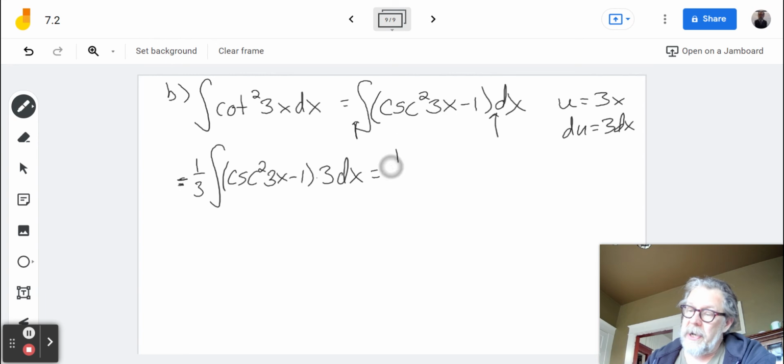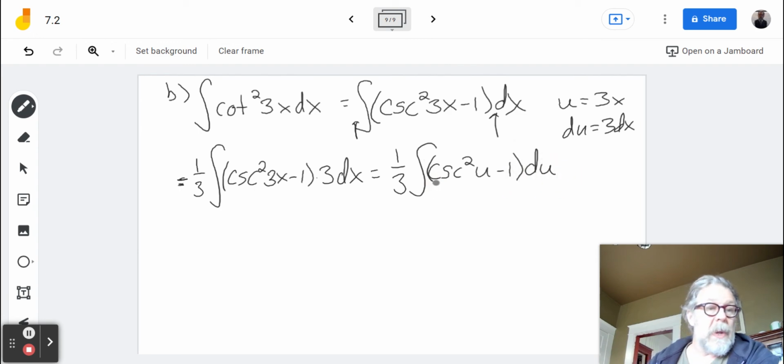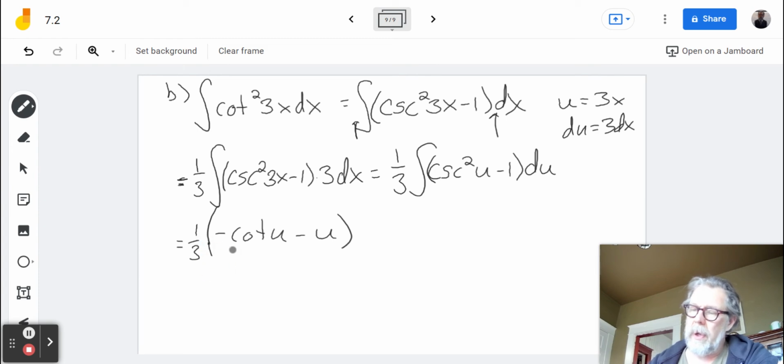All right, let's continue. 1/3 the integral of cosecant squared u minus 1 du. We know that the antiderivative of cosecant squared is negative cotangent. We know that the antiderivative of 1 is, now be careful, this is in terms of u, plus a constant.